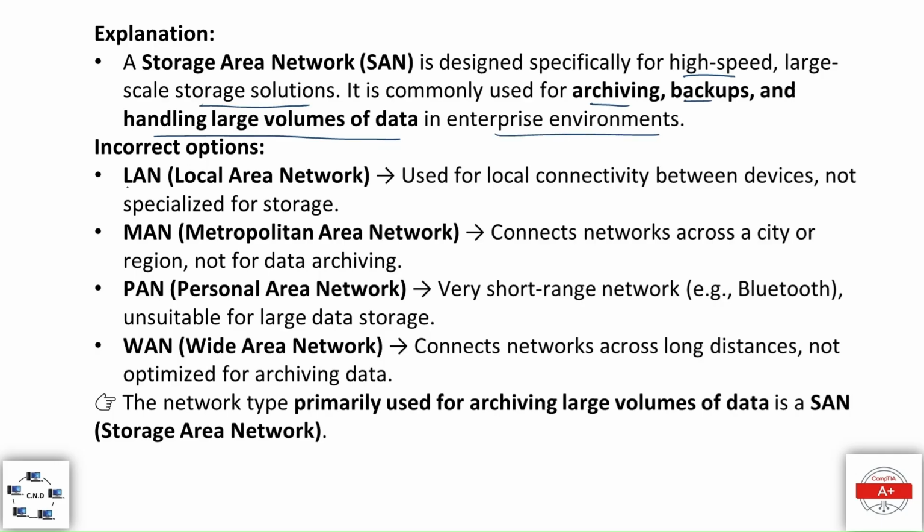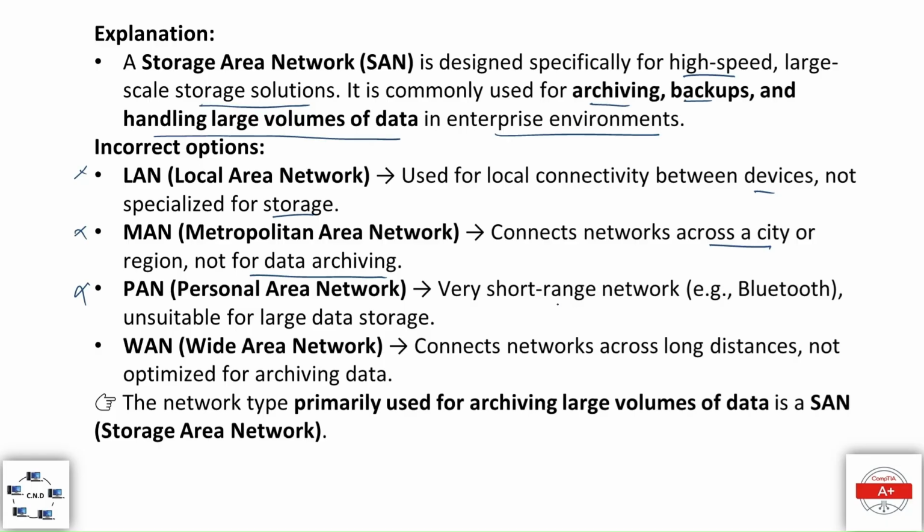Incorrect options are LAN, local area network, which is basically used for local connectivity between devices, and it is not specialized for storage of large volumes of data. MAN, that is metropolitan area network, basically connects networks across a city or region, and it is not for data archiving. PAN is personal area network.